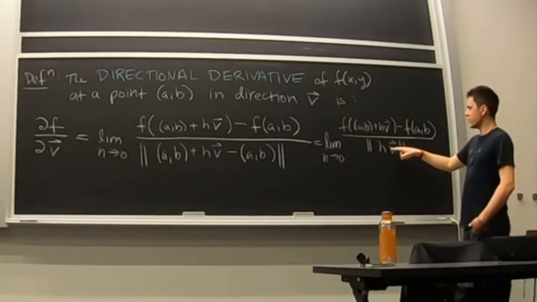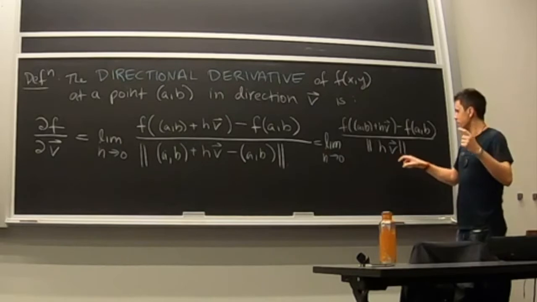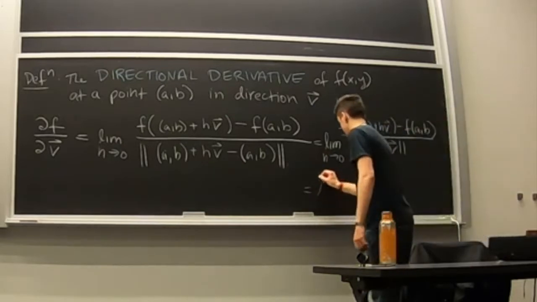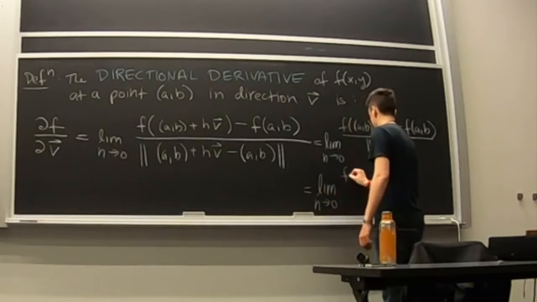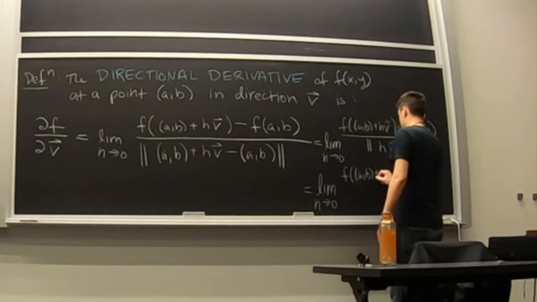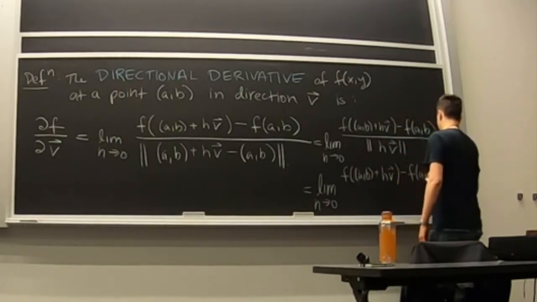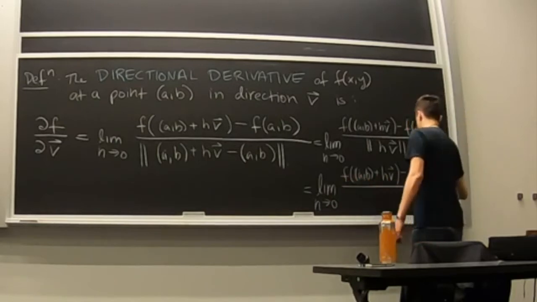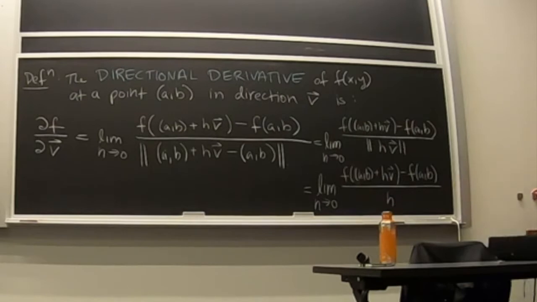And then the length of v is 1. Directions are of unit length. So this is the place where we use that directions are of unit length.